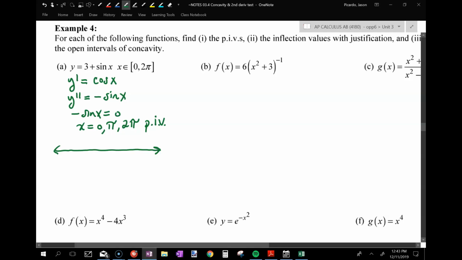Now, guys, what is the sign analysis going to do? It's going to describe the concavity. By the way, I made a mistake. There shouldn't be any arrows, right? All right, so we're doing a sign analysis with my second derivative.